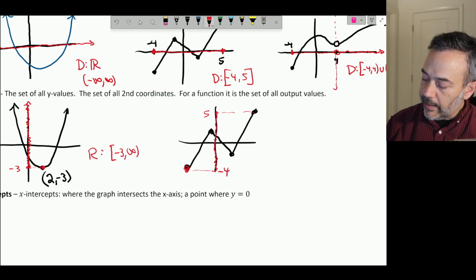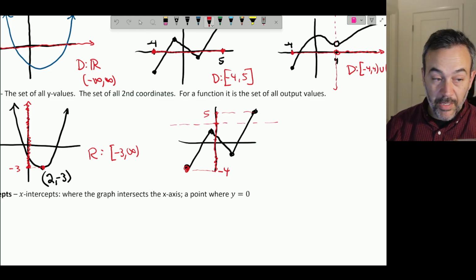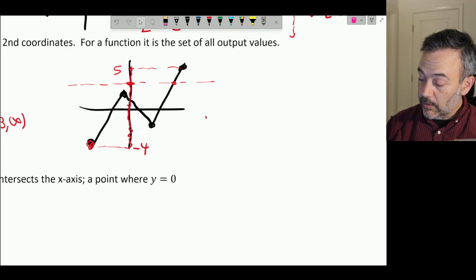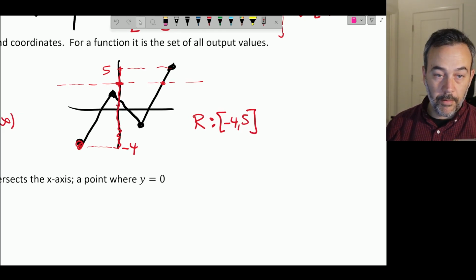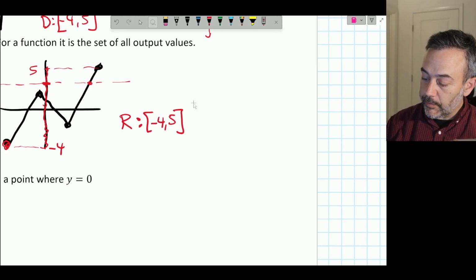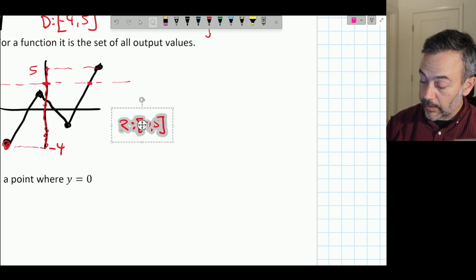So at every y value, like this y value, if I draw a horizontal line, it touches the graph somewhere. So that means this y value is in the range. So the range in this case would be -4 to 5.